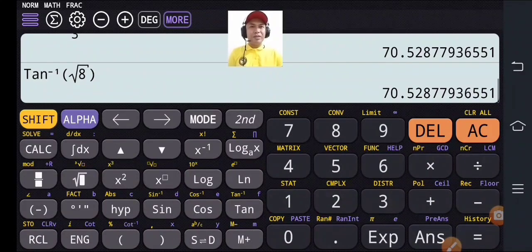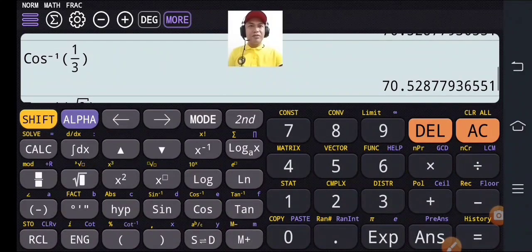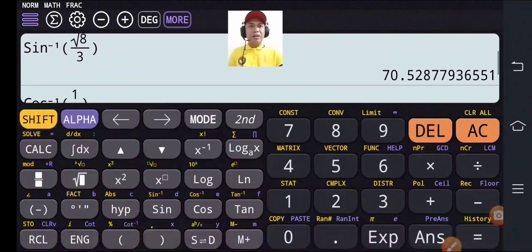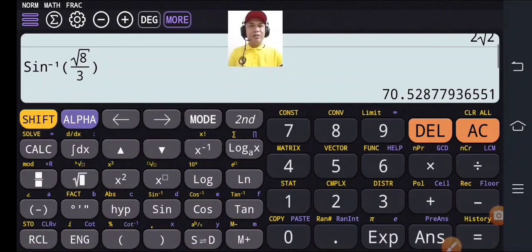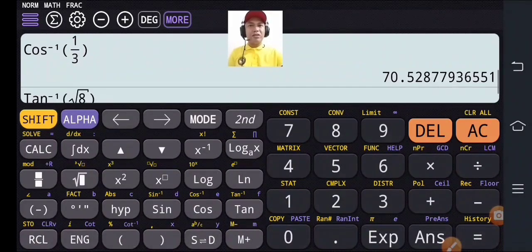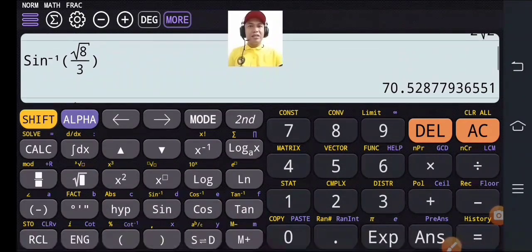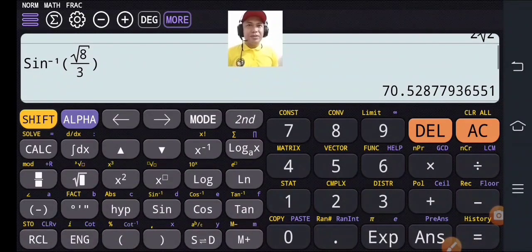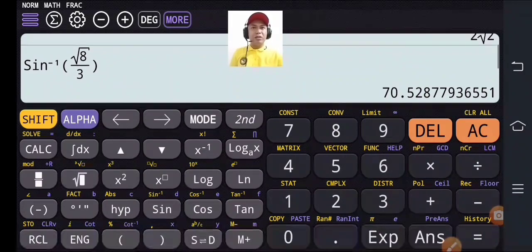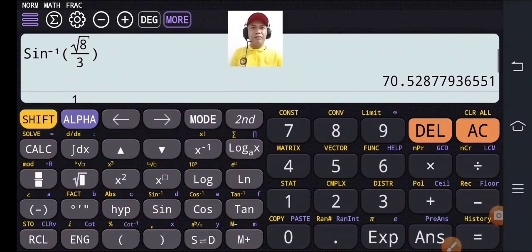You can make use of the trigonometric functions, the sine, cosine, and tangent, or even the reciprocals, the secant, cosecant, and cotangent. So again, you can make use of the principles of trigonometric functions in solving for the acute angles of the right triangle.